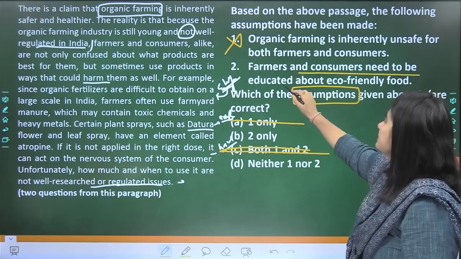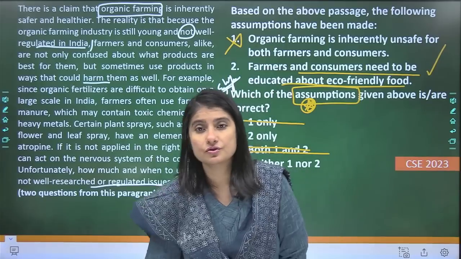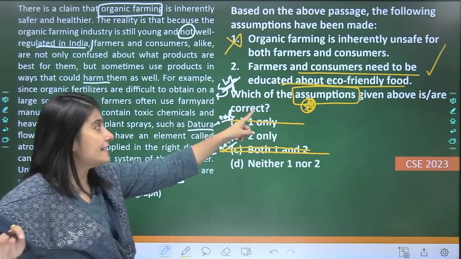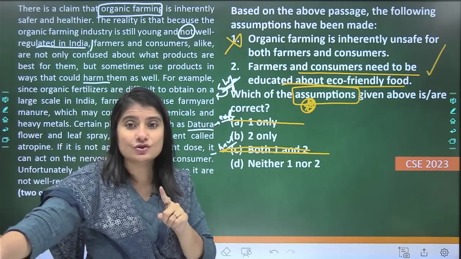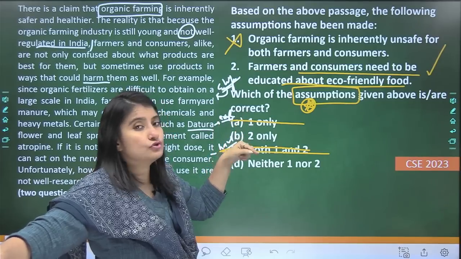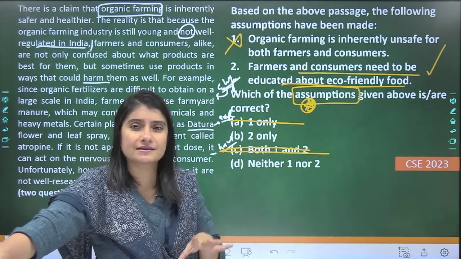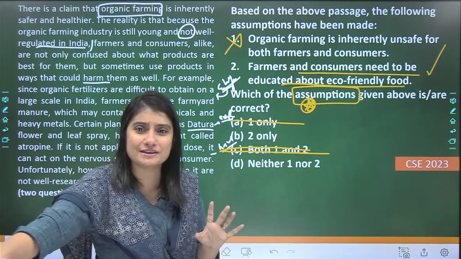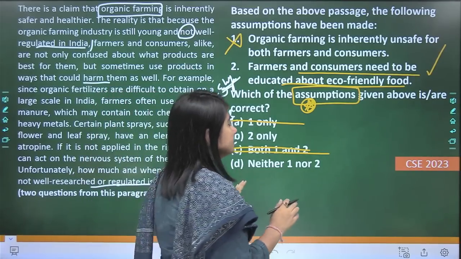Farmers and consumers have to be educated about eco-friendly food. Since it is not negating any information in the passage, and it is not explicitly mentioned, it is something that can be assumed. Okay, we will do a lot of examples, I'll tell you real life stories, and we will draw assumptions out of them. It's very fun, but for today you have to just understand this.